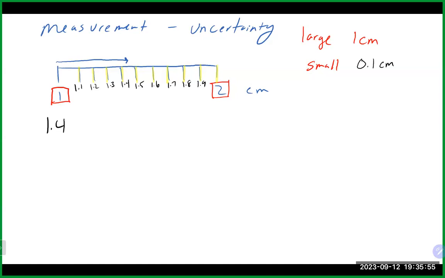Now, I may look at that and break apart between those two markings, the 1.4 and the 1.5, and go, it looks halfway there. And I would record a 5 and also my units here, which would be centimeters. This would be all of my certain numbers. And this would be my first uncertain number.